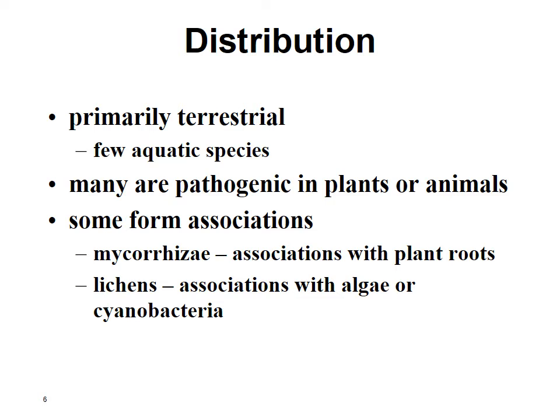Fungi are also found in the upper portions of many plants and can actually affect plant reproduction and also palatability to herbivores. Another example are the lichens. These are a symbiotic association of fungi with either photosynthetic protists, such as algae, or cyanobacteria.